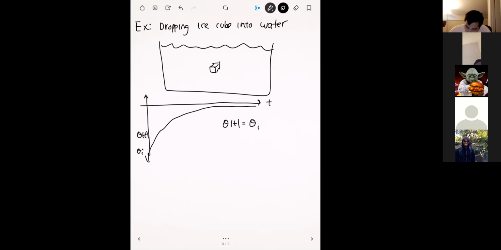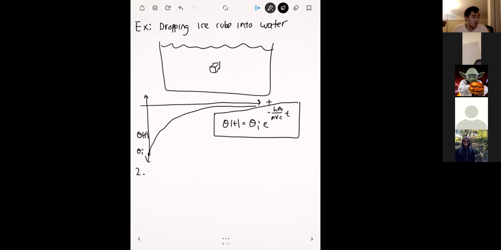So theta of t is equal to theta i e to the minus hA over rho Vc t. Okay. And now for the rest of this example, I'm going to show you several different things that you can do with this equation, because there's a lot of interesting questions that you can answer. Right now I'm keeping everything in terms of symbols, but I'll show you how to set up the equation to solve for some interesting things.